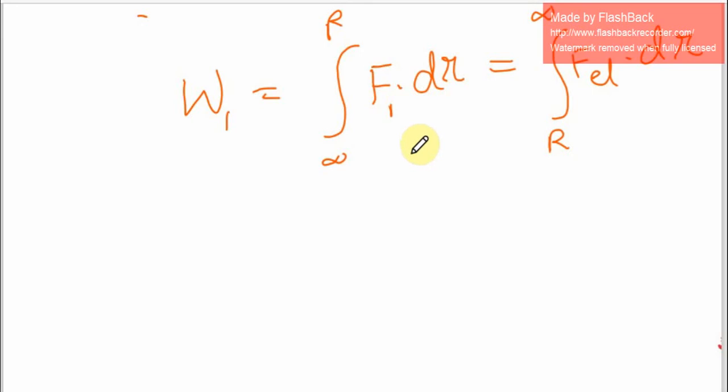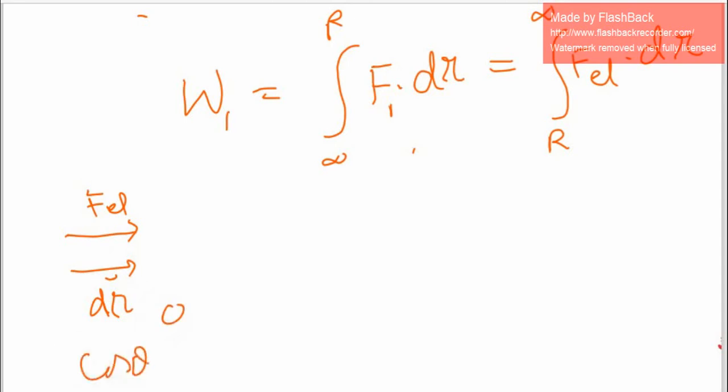So the force F electrostatic and the direction of dr, the position vector, are in the same direction. They are making an angle of 0, so cos theta is equal to cos of 0.